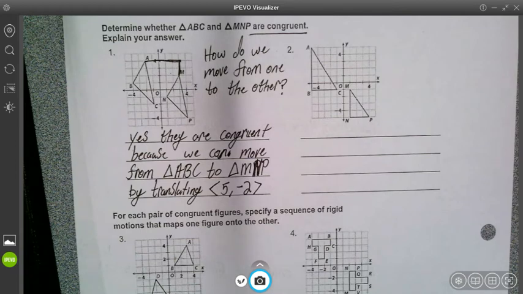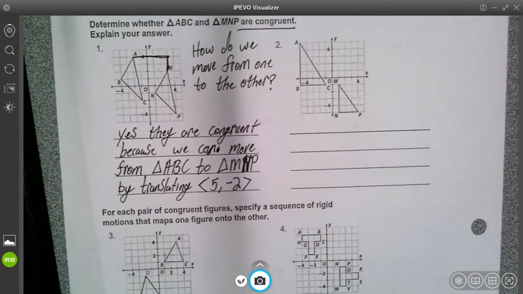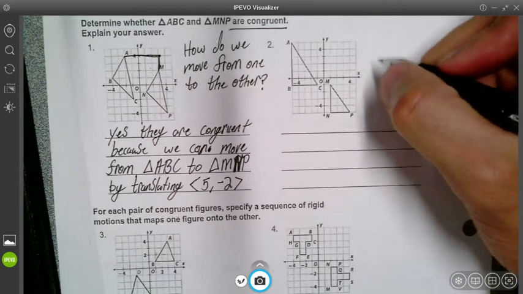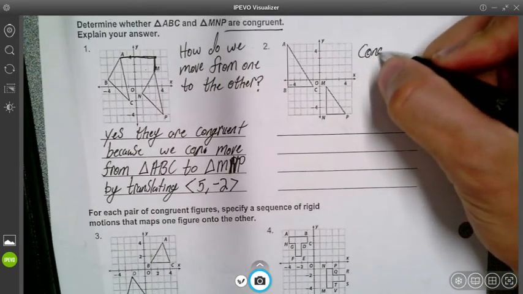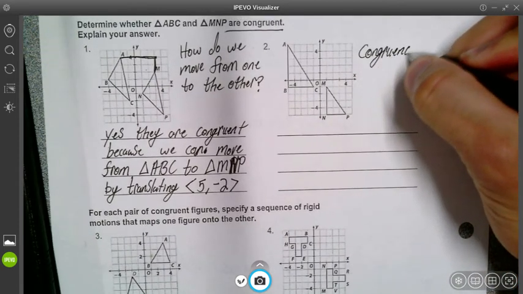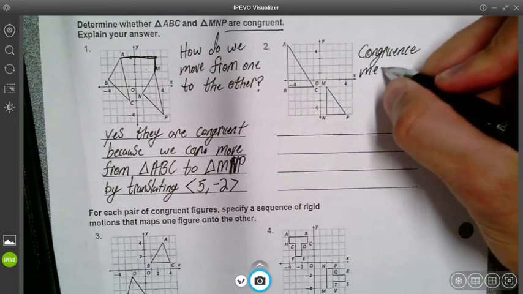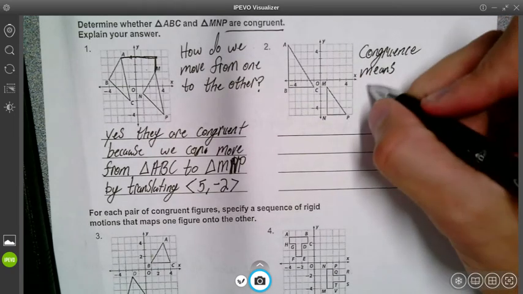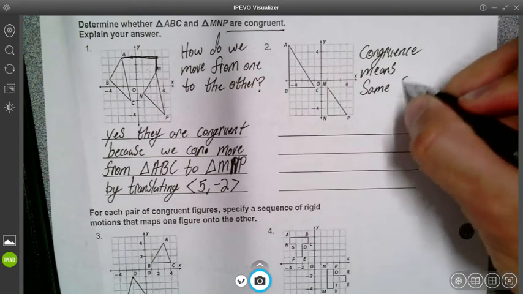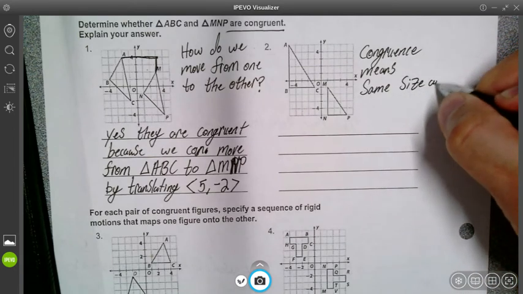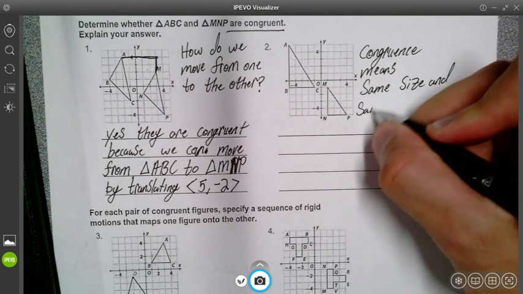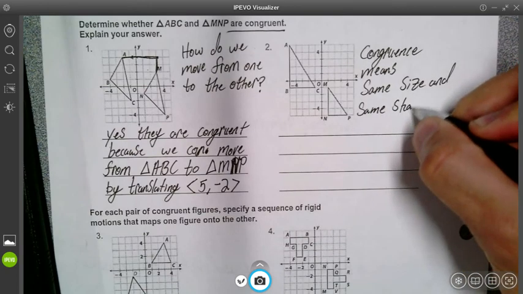Okay, now that you have a little bit of an idea of what we're looking for, why don't you try number 2 and give me a short answer in this Edpuzzle. Okay, now that you gave that a shot, I will tell you right now that congruence means exactly this: same size and the same shape.